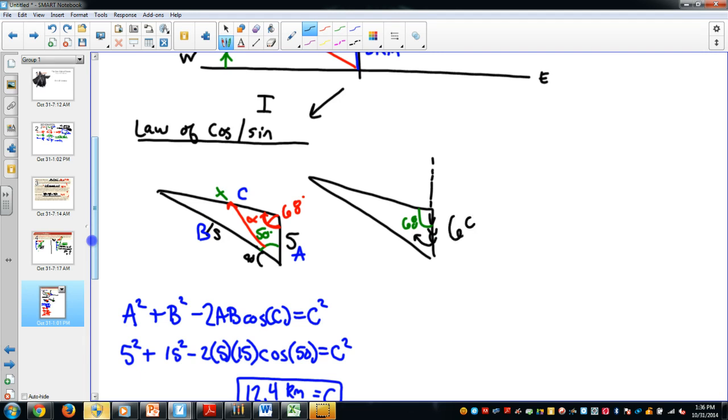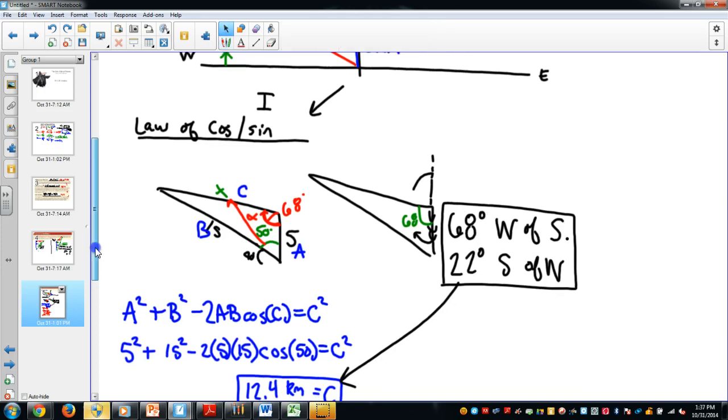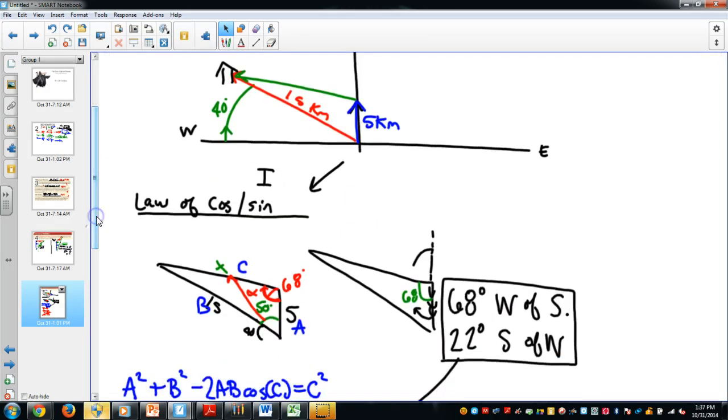So that's 68 degrees west of south. I didn't really draw a very good picture here. So 68 degrees west of south. I could also say 22 degrees south of west. That would be along with that. I think I'm going to leave it and go to way number 2.